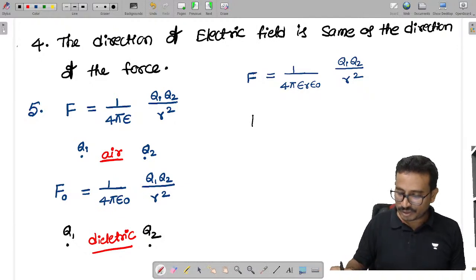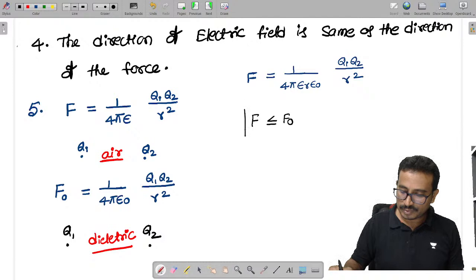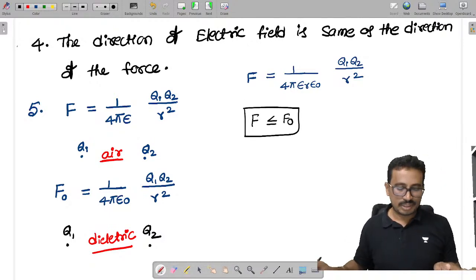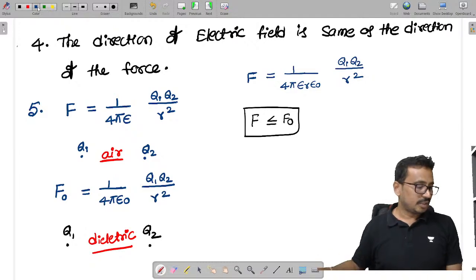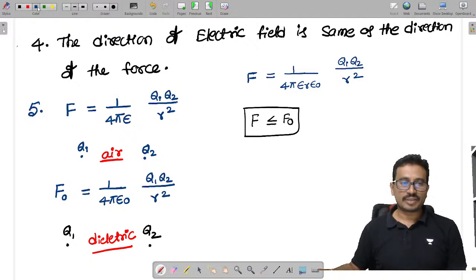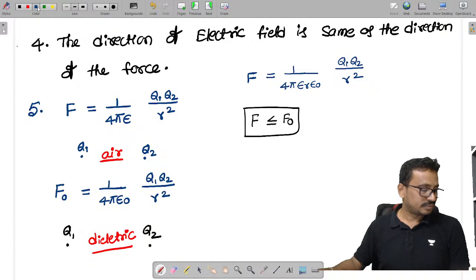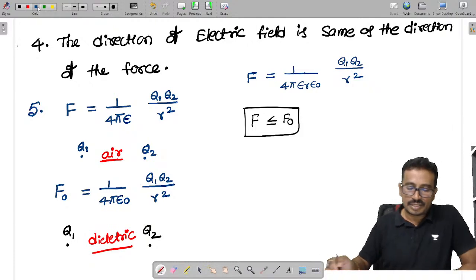So from this we can say F is less than or equal to F naught. F naught is greater.